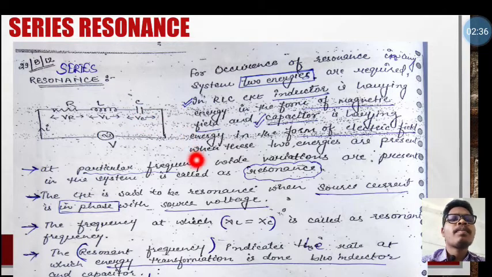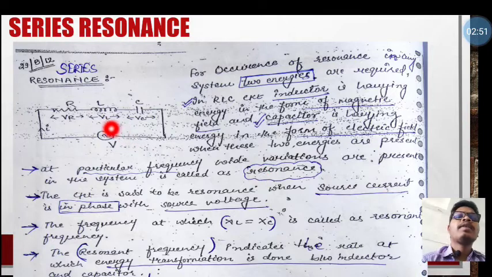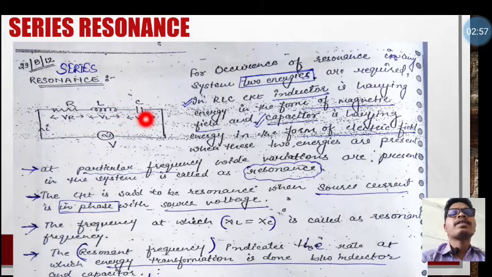When those two energies are present, at a particular frequency a wide variation is present in the system, which is called resonance. That means if inductive and capacitive elements are present in the system, then the system has a resonance condition over a wide range of frequency.